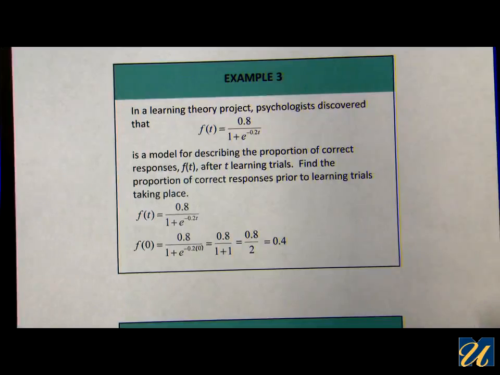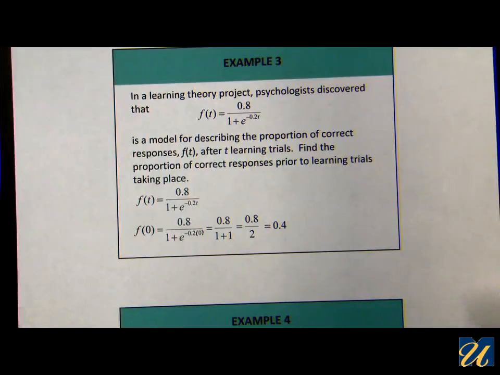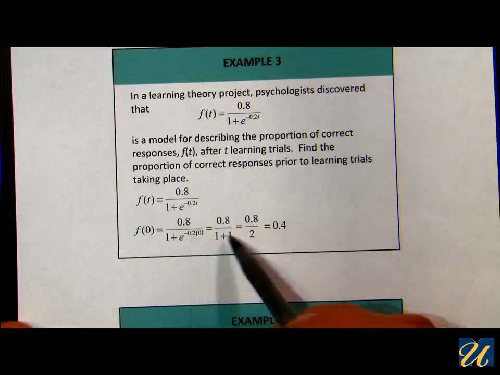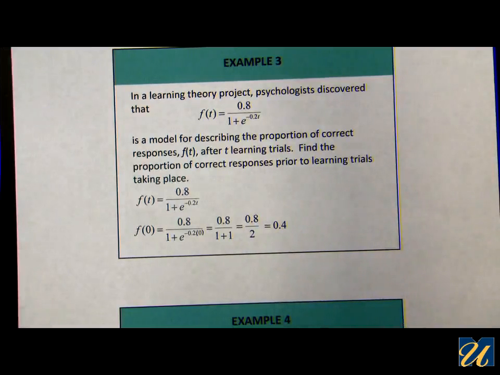Okay, so learning trials take place, that means t is greater than 0. 1, 2, 3, 4, 5, 6, etc. trials. This is prior to. So we are going to let t be 0, and substituting 0 in the function, we'll then compute e to the 0, which is 1, add 1 plus 1, and divide by the numerator, and we get 0.4.